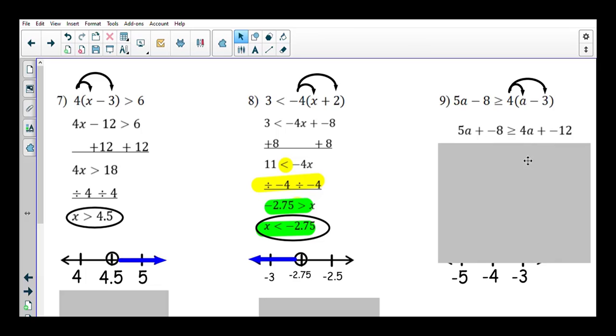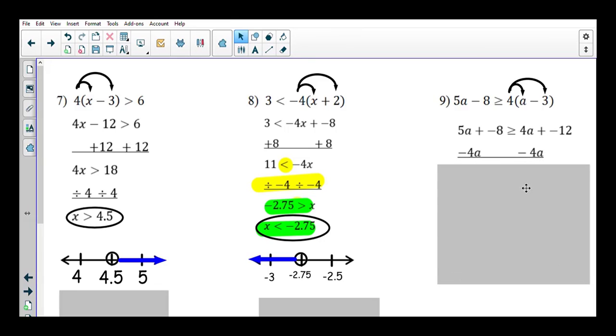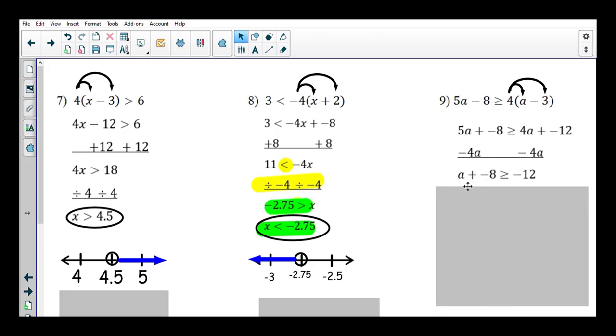Now we want to get the variables on the same side. 4a is smaller than 5a, so I suggest moving that. The less negatives we can have, the better for sure here. So let's subtract 4a since it's a positive. That will get us 1a, or just a on the left, plus negative 8 is greater than or equal to negative 12. It's important you keep the numbers on the same side of the inequality that they were already on.